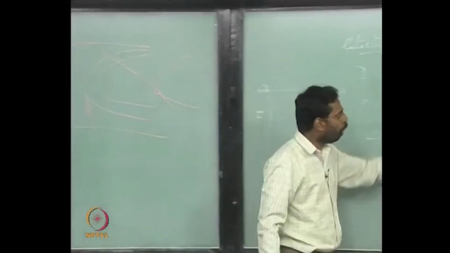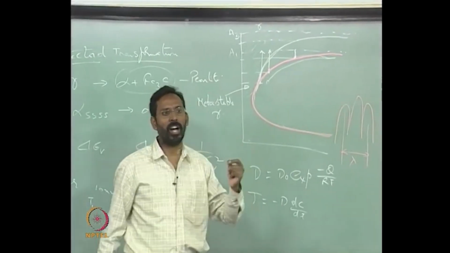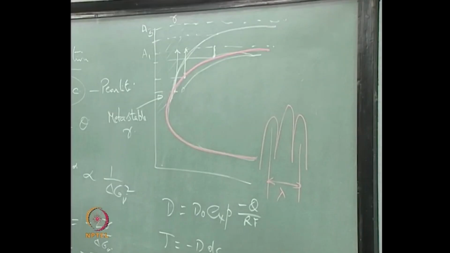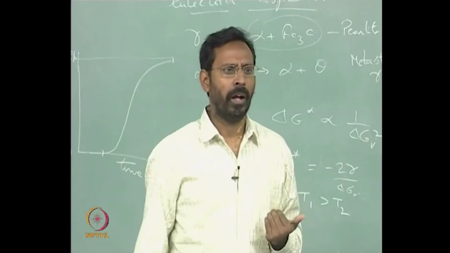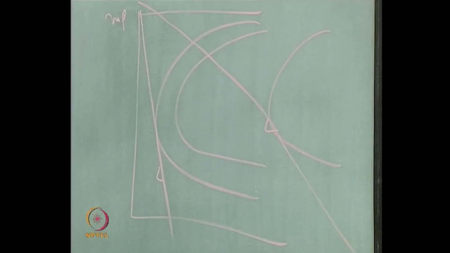So, that is why though the R star is decreasing, for that R star to form you need time, and if the temperature is very low, the atoms move so slow that even that R star to form is very difficult.